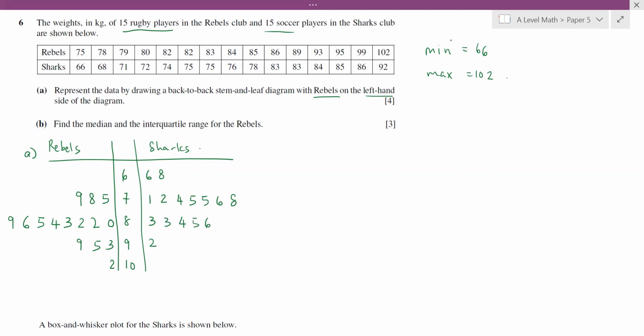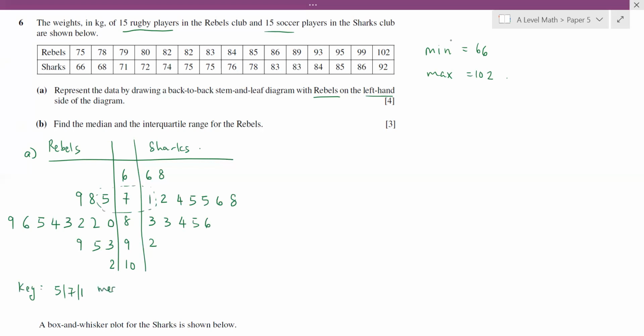Okay, for a stem and leaf display, we need a key. So you need to specify the key. Let's look at this part here. If you look at this part, we have 5, 7, 1.